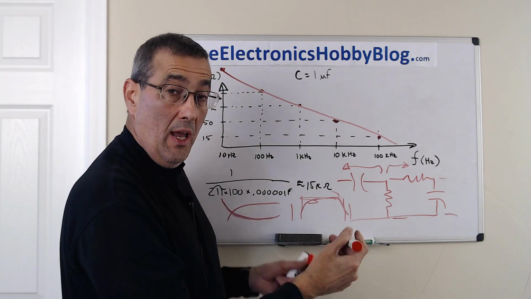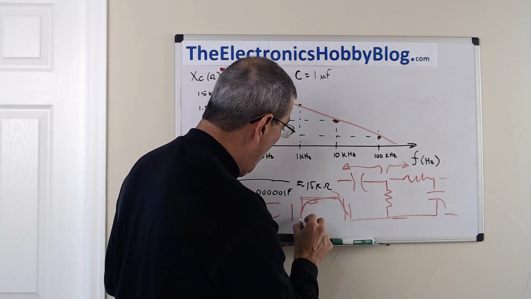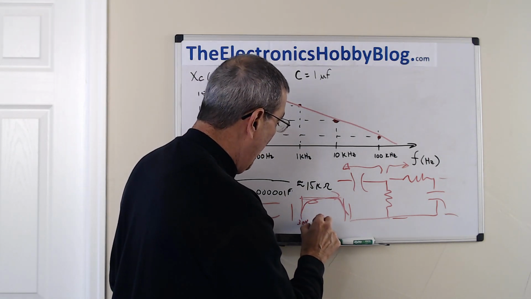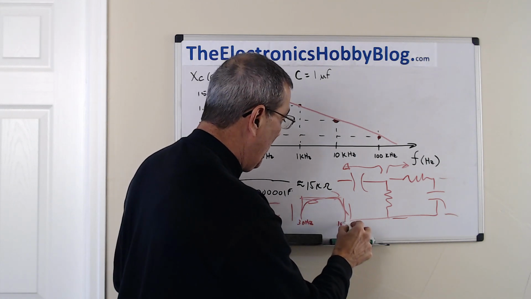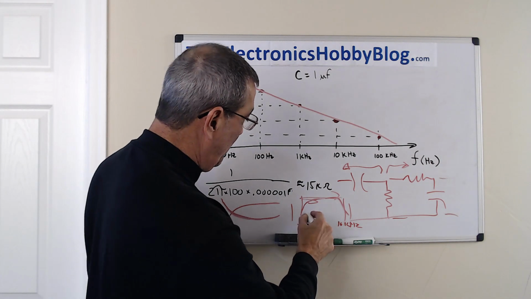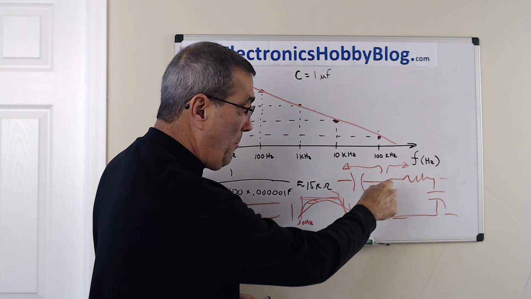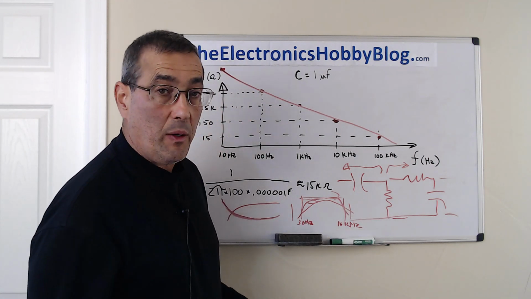So for instance, if we were designing an audio circuit and we didn't want anything lower than 30 hertz or anything higher than 16 kilohertz for example, we can create a bandpass filter that will only pass signals that are in that frequency range.